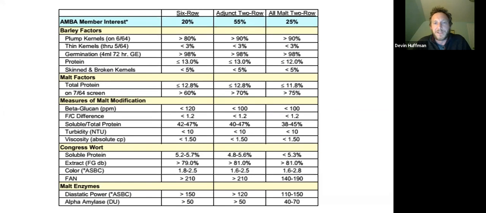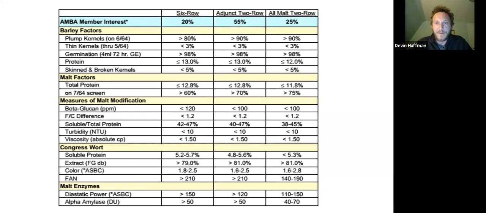Those would be the ideal malt chemistries for those types of brewing. The 6-row values might be the numbers that a distillery would be looking for in terms of diastatic power and higher protein acceptability. But we'd be mostly focused on the adjunct 2-row versus the all malt 2-row.